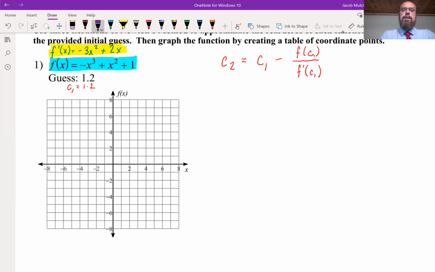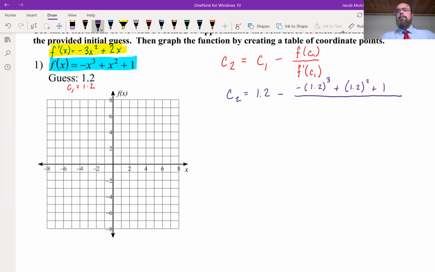So I'm going to start off by substituting some values in. C2 is going to be equal to the initial guess 1.2 minus the original function with 1.2 substituted in: negative 1.2 cubed plus 1.2 squared plus 1.